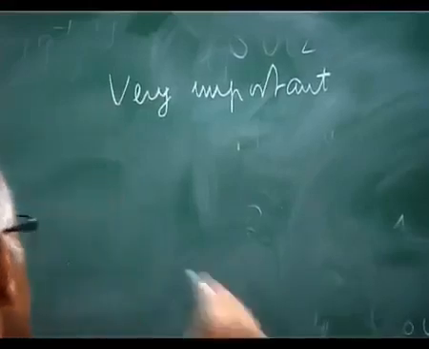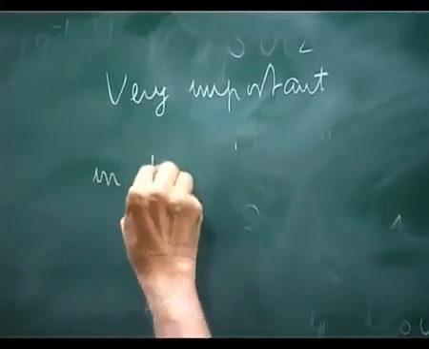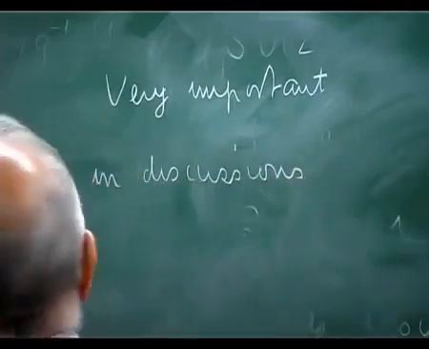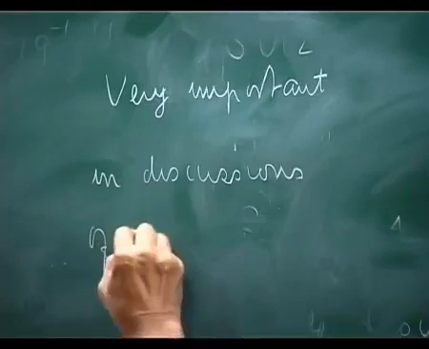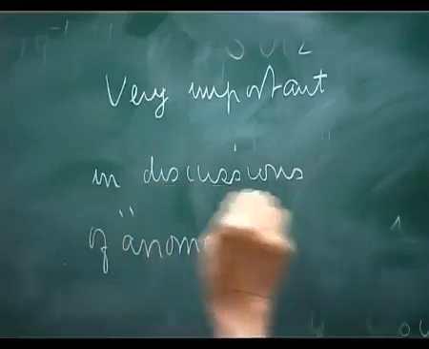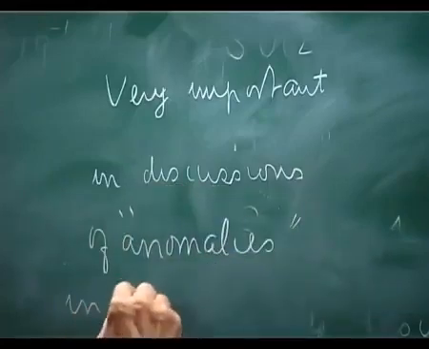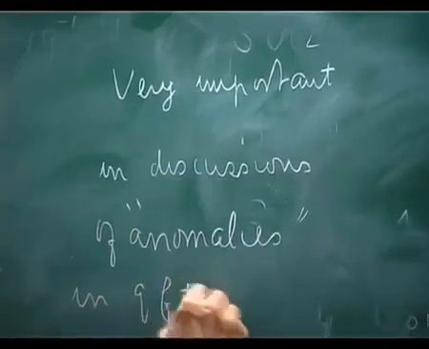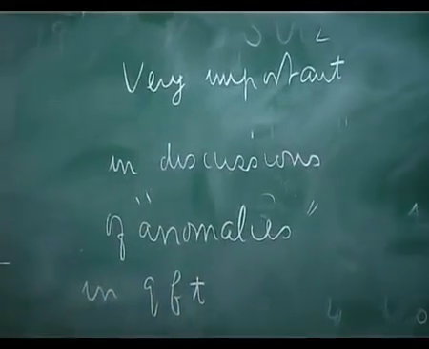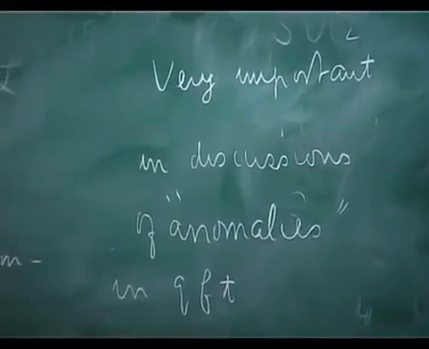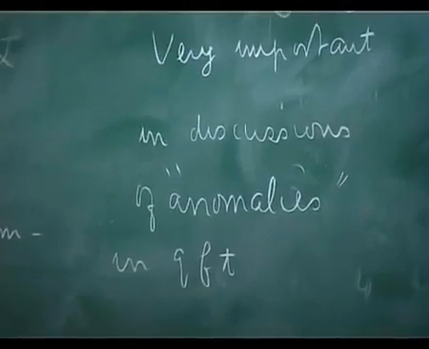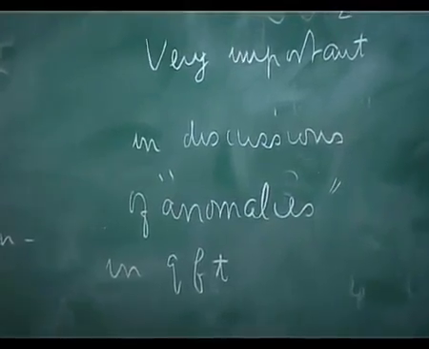In discussions of anomalies, within quotes, in quantum field theory, when people initially found them, anomaly means that classical symmetries can go wrong when you go into quantum theory.